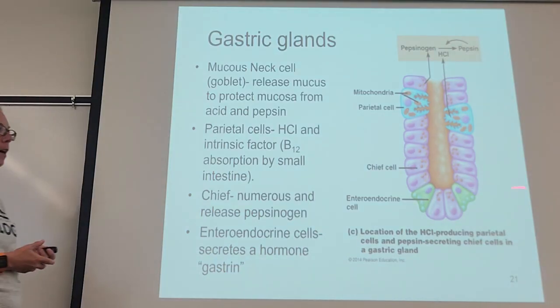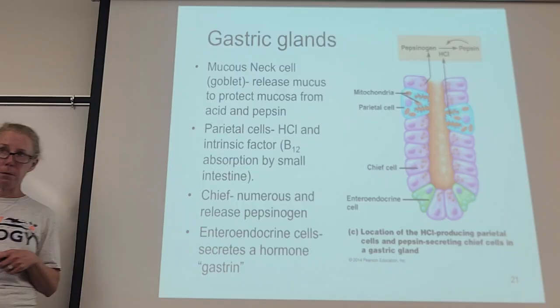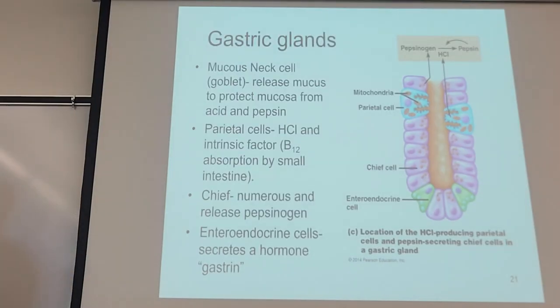And then finally you have these green cells at the bottom called enteroendocrine cells that we talked about before, okay? They're endocrine-like cells because they secrete a hormone. And the hormone is called gastrin. And we've talked about gastrin.